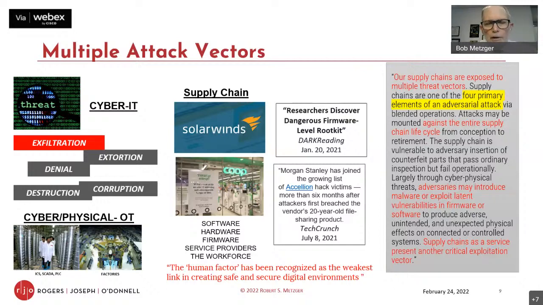Now, I could spend an hour easily walking through examples here, but I want to make this point. When you're focusing upon SP 800-171 and the 7012 DFARS clause, you are essentially addressing the red box under cyber IT exfiltration, and you are not addressing all of these other things.